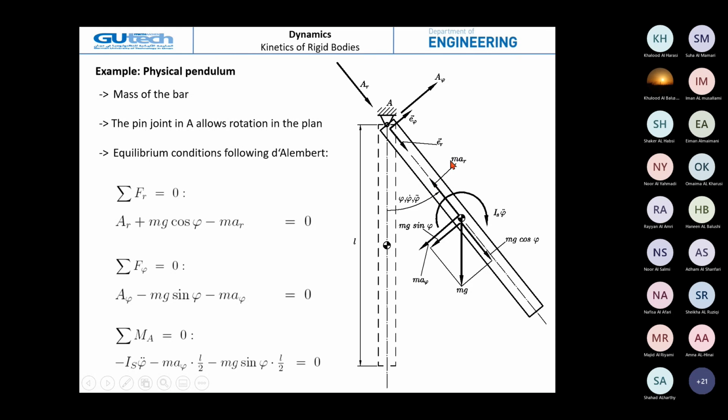We can call this one F_r and this one F_phi. Now we have the weight mg. mg can be decomposed, with a component along the circumferential direction and one projected along the radial one.